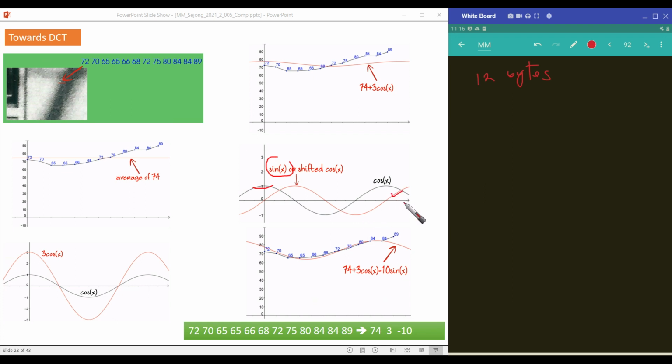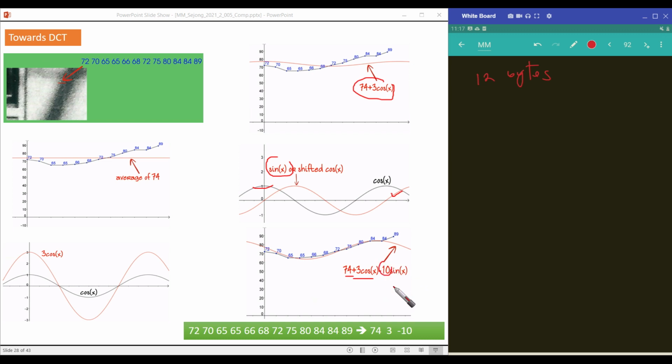Now how about if we multiply 10 with this sine x, so then it will be our 10 sine x. Then let's say we subtract this 10 sine x from the 74 plus 3 cos x. So we add 74 and 3 cos x, and then a shifted version of our cos x multiplied by 10.